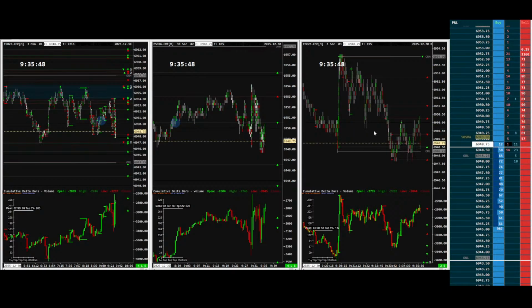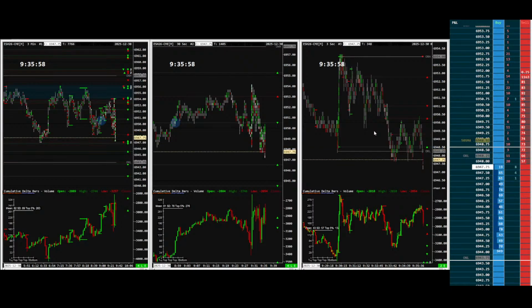You had about 4 here at 49.50 roughly. No, not quite. 50, 50s.